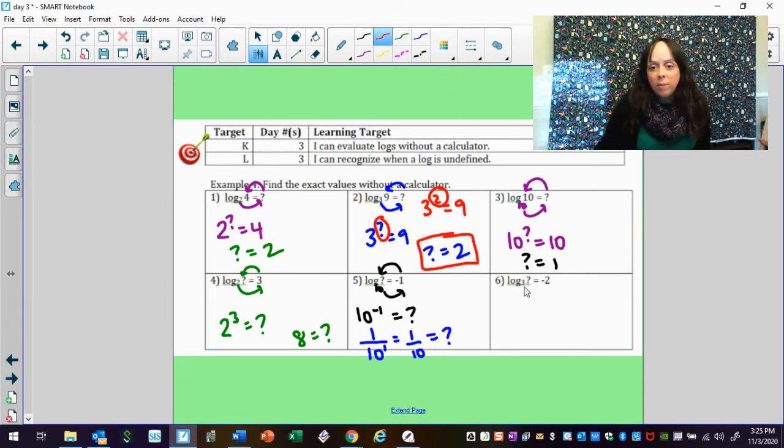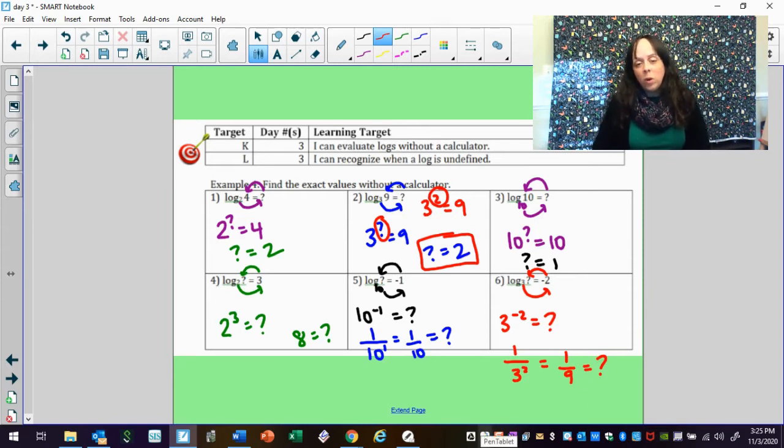And our last one, 3 to the negative 2 equals question mark. What would that be? Negative exponent's going to flip it down to the bottom. Exponent becomes a positive. You would need a 1 on top, so this would be 1/9. 1/9 would be that missing question mark.